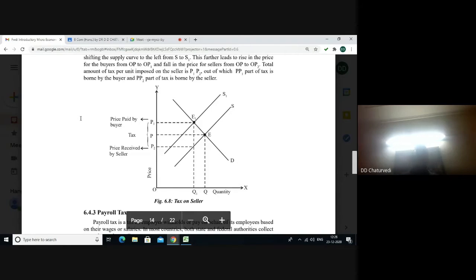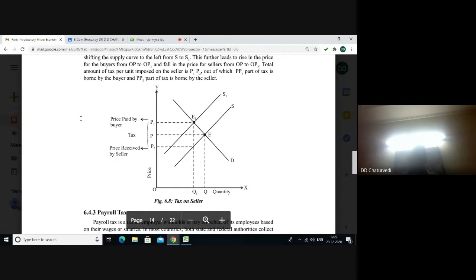And the tax per unit is given by P1, P2, which is equal to the gap between the two supply curves. And the two supply curves mean supply curve before imposition of tax and supply curve after imposition of the tax. Out of P1, P2 tax per unit, the tax burden borne by the buyer will be PP1.